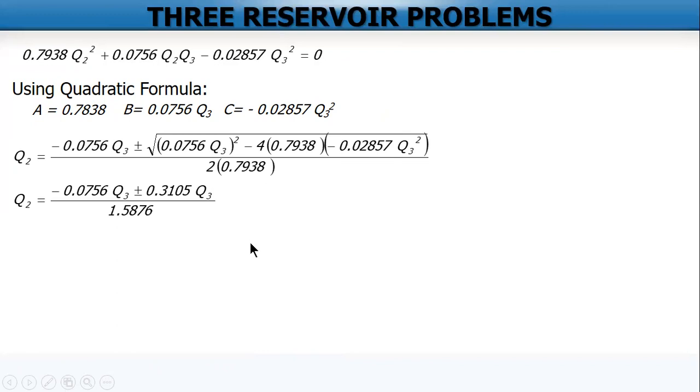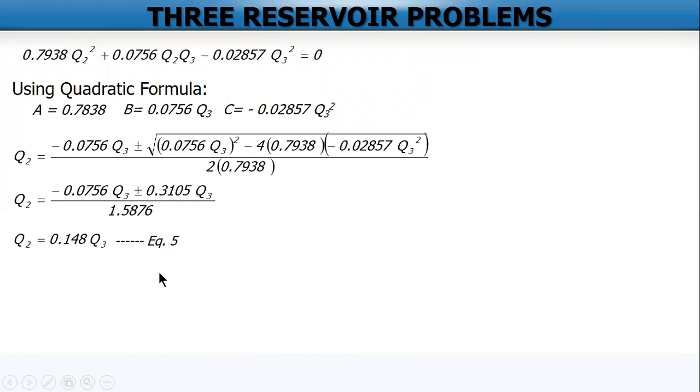And we have this. Now we only have one root kaya di mo ito pwede mag-negative. Minus niya minus. So isa lang ka root. Dire, minus and then plus. I-divide na yan. Okay. So Q2 is equal to 0.148 of Q3. This will be our equation 5.